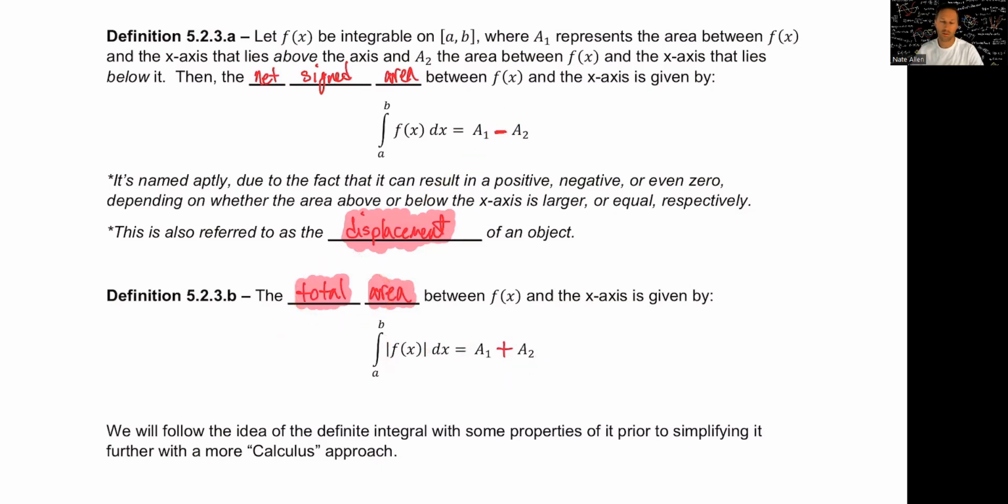So before we move on to some examples of these types of things, I wanted to give you a few more definitions that I'd really like you all to try to figure out what the results would be before I just give them to you. Now, we will eventually get to a more calculus approach of all of this, but I wanted you guys to think these through.